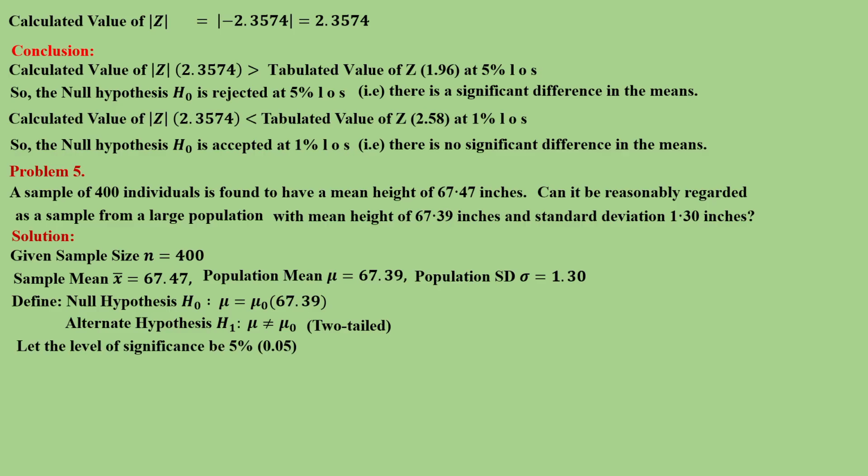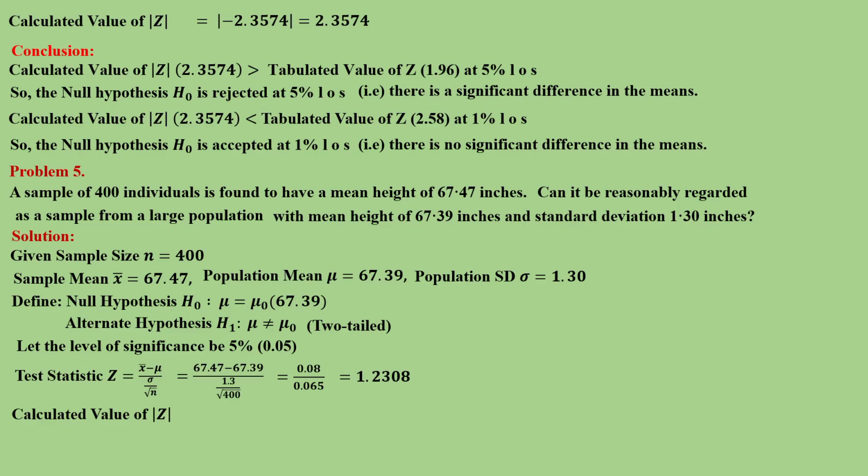For the significance level, if they have not given it, take the standard 5% for all problems. The test statistic z is equal to x bar minus mu by sigma by root n. Substituting the values, 67.47 minus 67.39 by 1.3 by root of 400, you will get 1.2308.